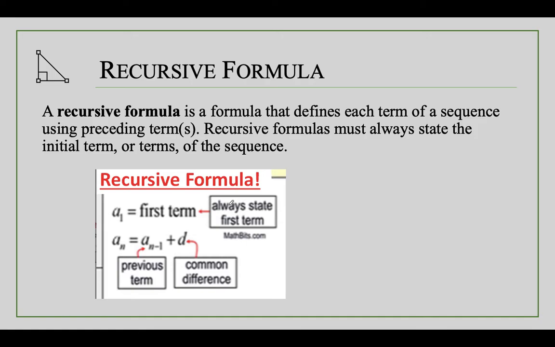Recursive formulas must always state the initial term or terms of the sequence. So here our recursive formula is going to be a sub n, so that is the value of the fourth term, is going to be equal to that term minus 1. So if it's the fourth term, we're going to be looking at the third term plus the common difference.